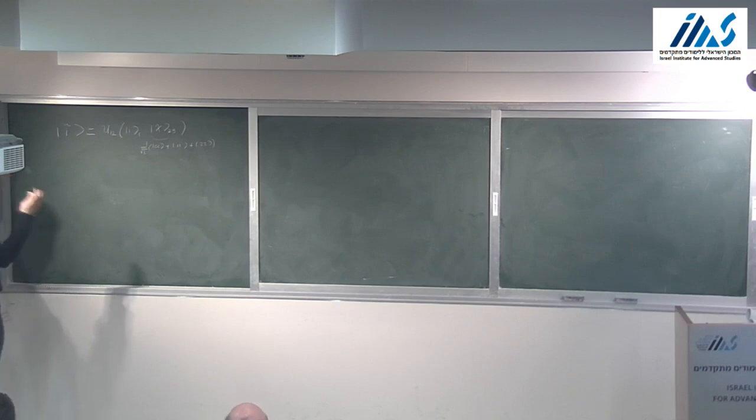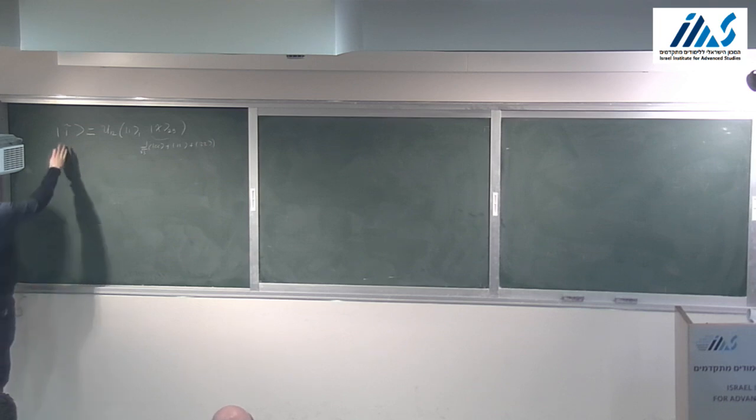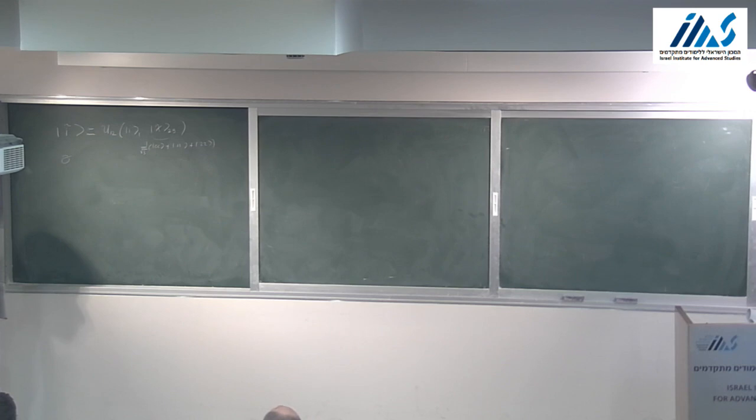We also saw that if you have an operator, O tilde, which is called a logical operator. So by the way, the subspace spanned by these 3 states is called the code subspace. It's a 3-dimensional subspace of the Hilbert space of the 3 qubits.